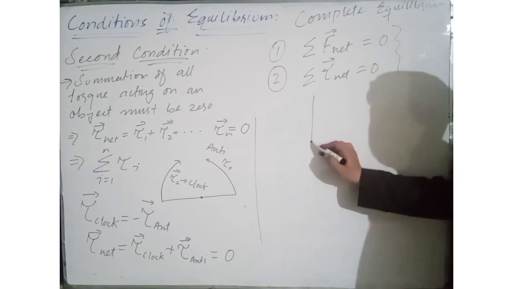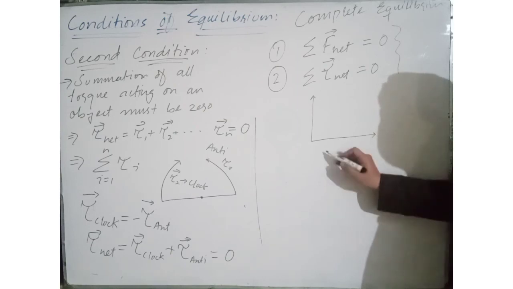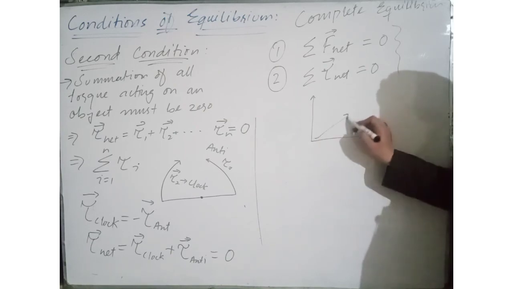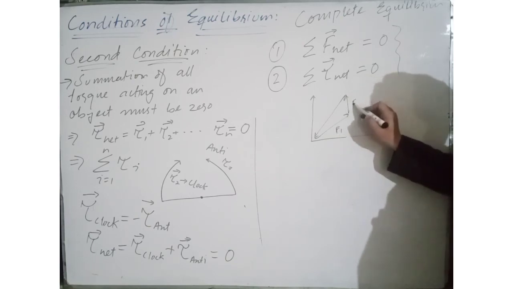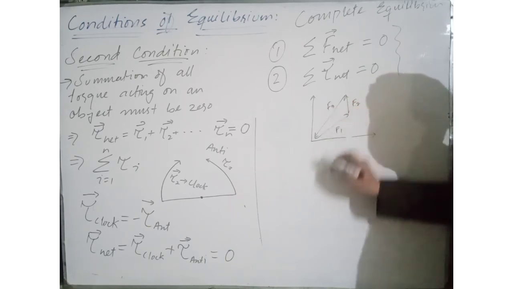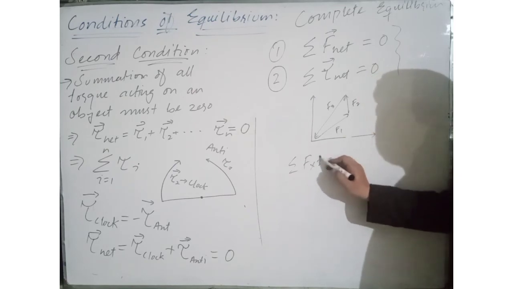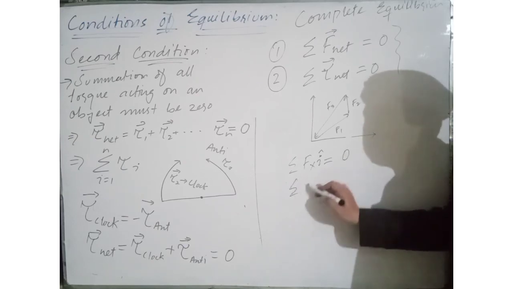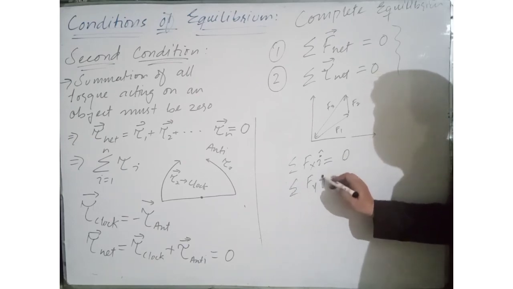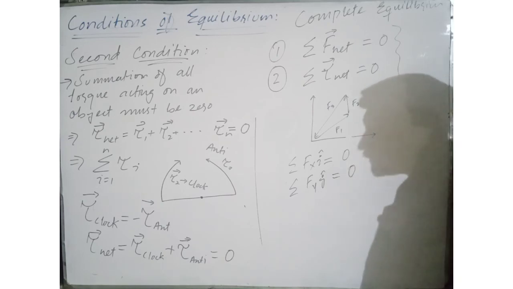If we have coplanar forces, let's say F1, F2, F3, then the summation of Fx along the x-axis gives us zero, and the summation of Fy along the y-axis gives us zero, right?